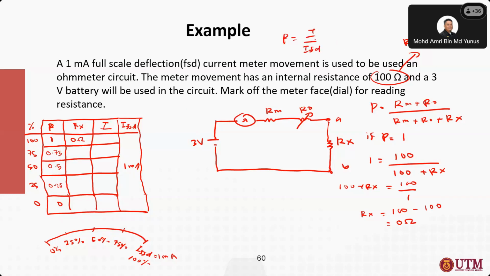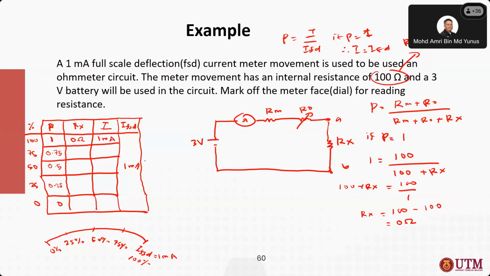If P is equivalent to 1, that means I is equivalent to IFSD, so this will be 1 milliamp.